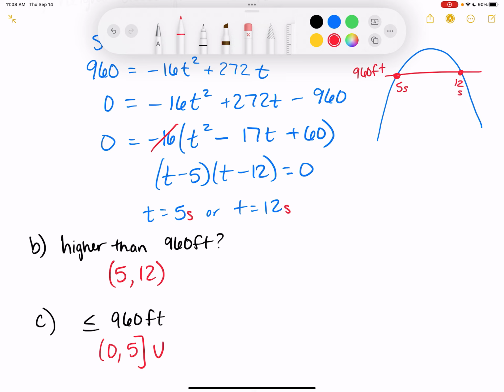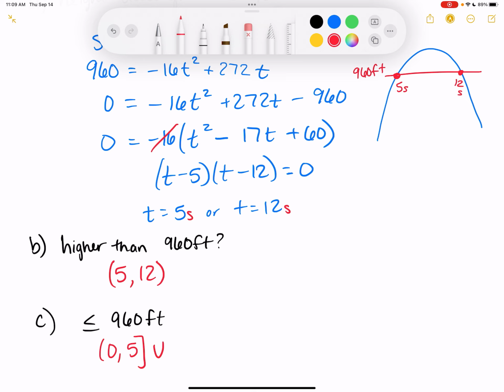It's a union, so we're going to add something. So you said anything below 12, right? Well, I'm assuming you mean below on this side. Okay, so oftentimes we would write 12 to infinity. However, we know that it's going to eventually come back down to the ground, at ground level.